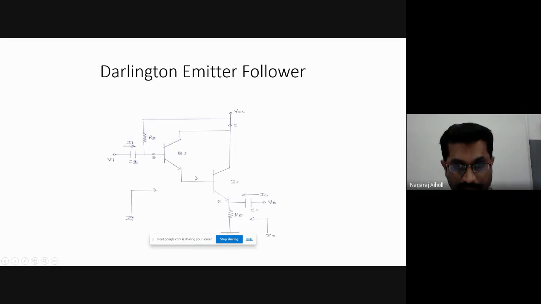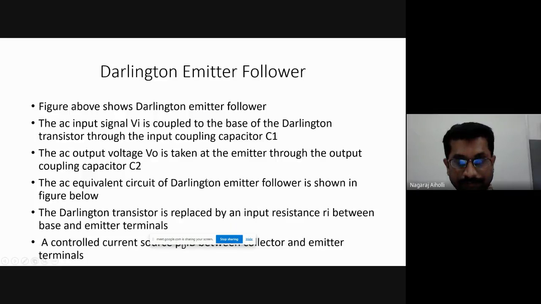We don't have the small re here, because the resistance will be high for the Darlington emitter follower. It is not the small re, but the input resistance small ri, because two transistors are connected in this fashion, the Darlington connection.